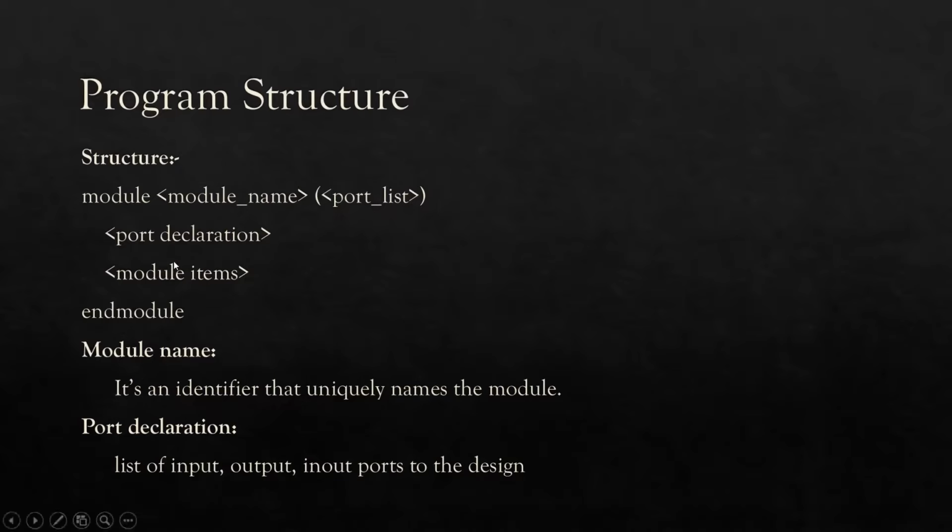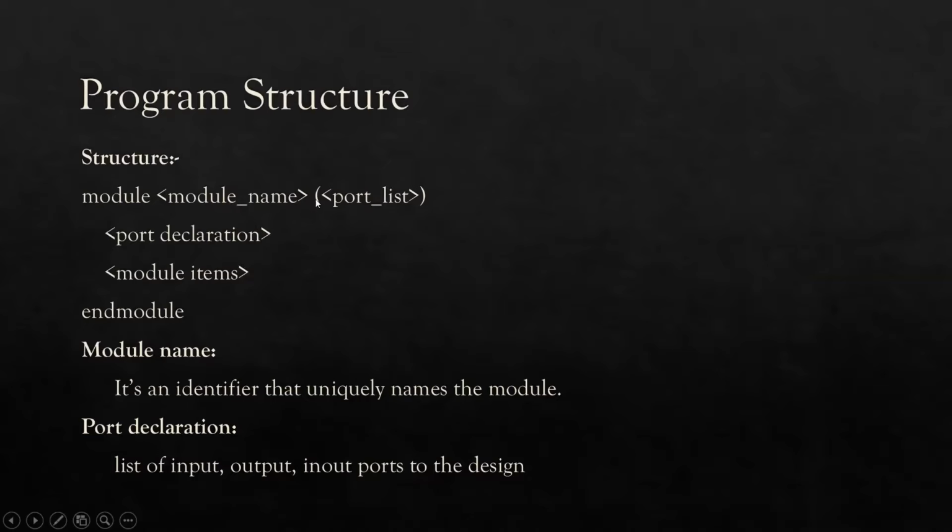Once you have written the port list, you can declare which port is input and which port is output. Then comes the module item. The module item is based on your logic, whatever logic you want to write, and then endmodule. These things are constant.